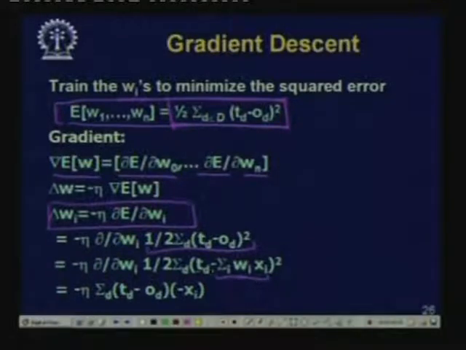So, this derivative can be written as 2 times (TD minus OD) into minus xi. Here the derivative of the inner term is minus xi, so we have 2 times (TD minus sigma Wi xi), which is 2 times (TD minus OD) into minus xi into half, which gives us eta sigma over d (TD minus OD) into minus xi, the negative of this.